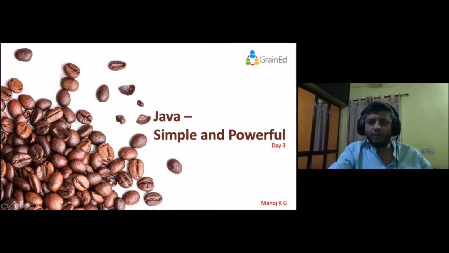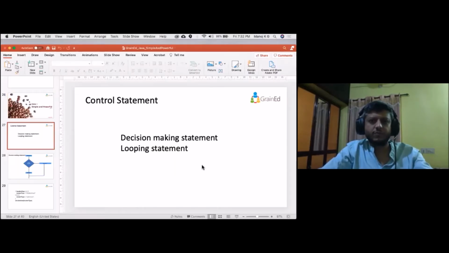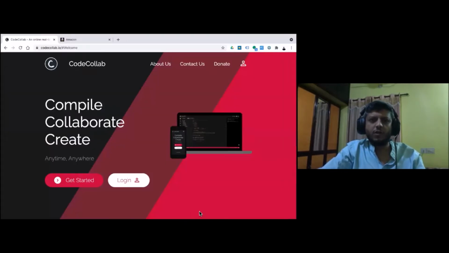So you could either use an IDE of your choice. I believe somebody was using IntelliJ, somebody was using, I saw two more IDEs. Or if you don't have an IDE, an integrated development environment, already installed on your machine, what I would suggest is, you can go to codecollab.io.